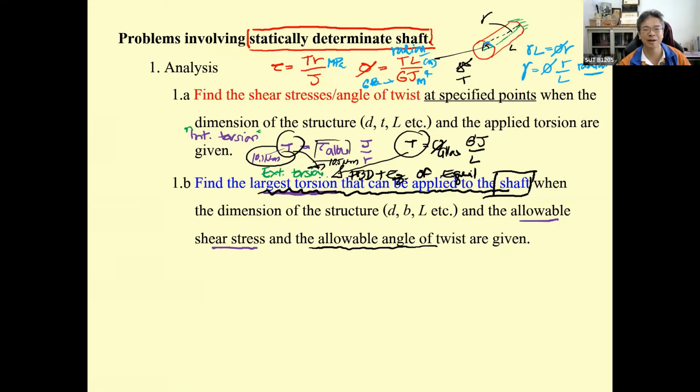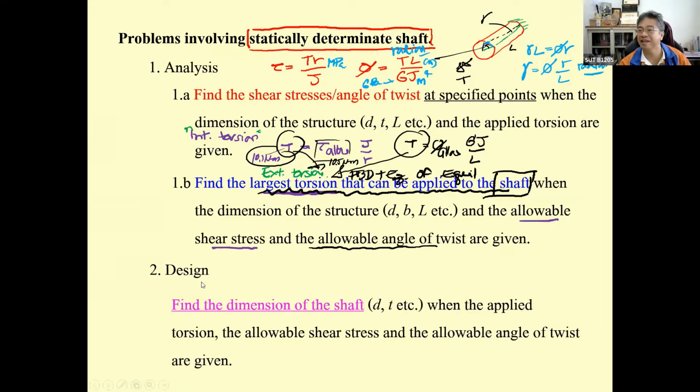And the last one, we're going to do the design. In the design, this equation must be rewritten, because when we design the shaft, we determine the dimension. The R and the J are going to be the dimension of the shaft.